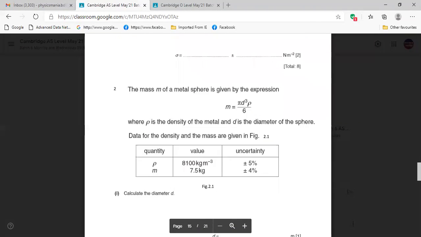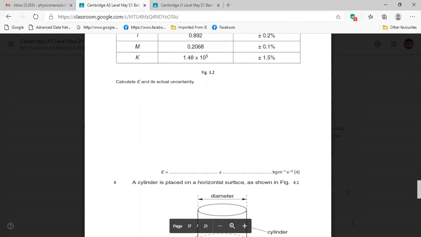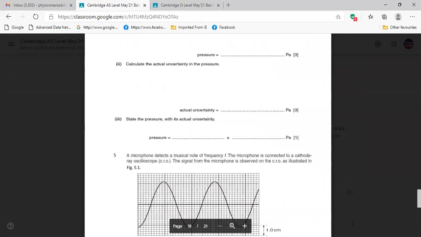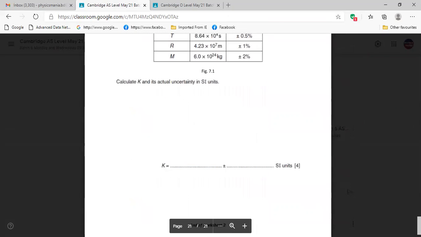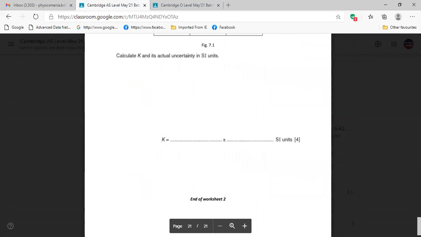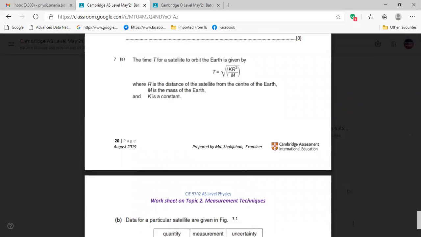Name, your homework question number 7. This one we'll do now. Structured question 7.